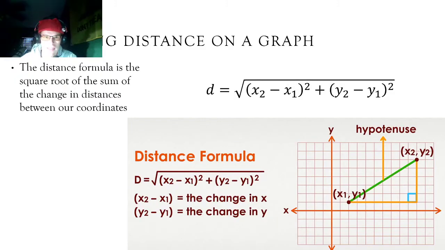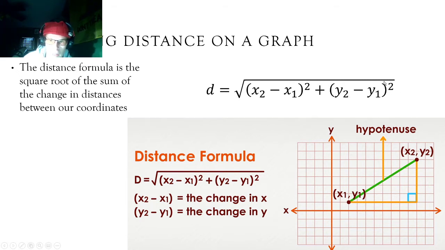So let's get started. Alright, so finding distance on a graph, I'm assuming you have seen this formula before. So the distance formula, this is how you find the distance on a regular coordinate plane: x2 minus x1, the quantity squared, plus y2 minus y1, the quantity squared.